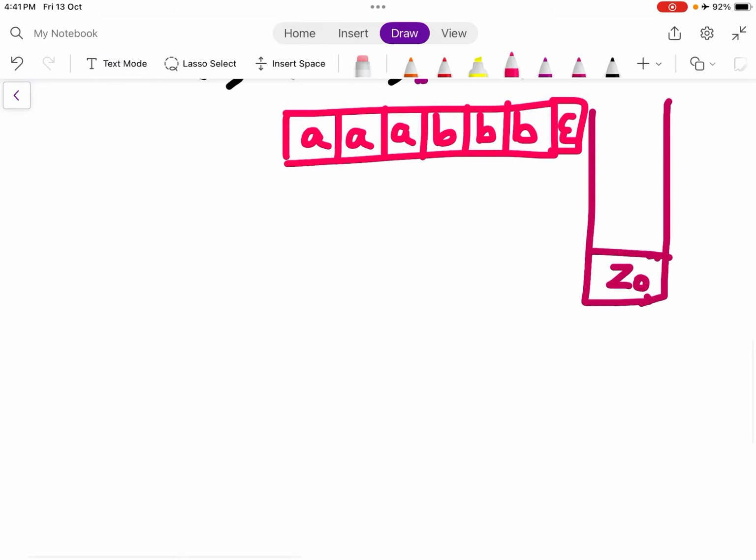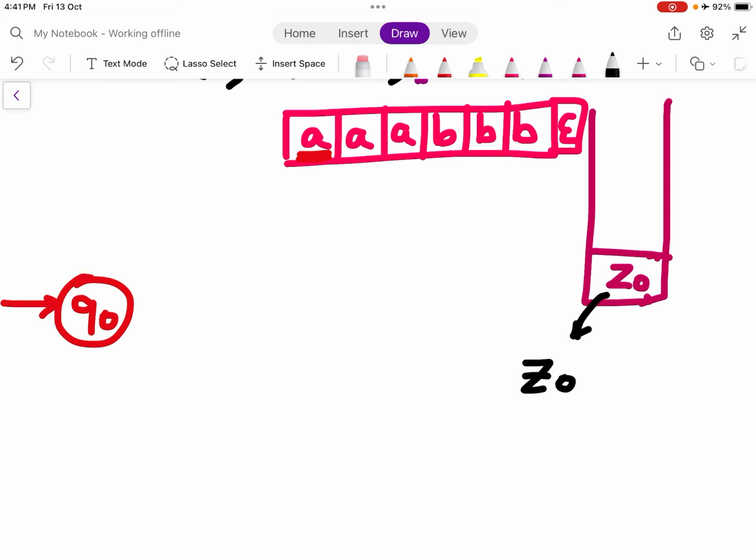Now initially we'll start with Q0. Q0 will see an A. Now when you see an A, you have to assume that you are removing the Z0 from the stack. That is what you are assuming, because that is what the PDA does. But actually you are not removing it, it is only assumed to be removed because the PDA functions that way.